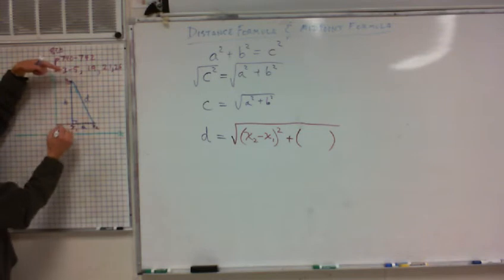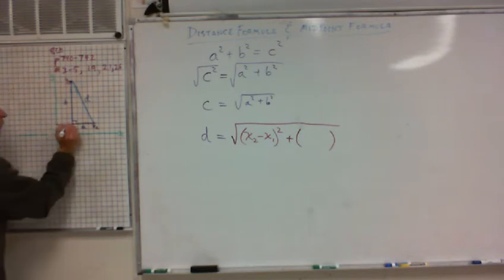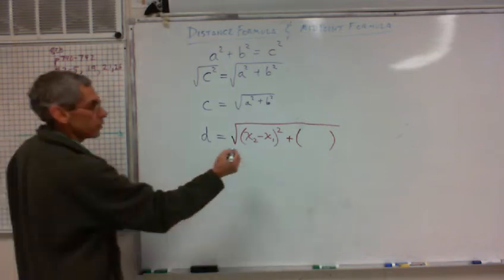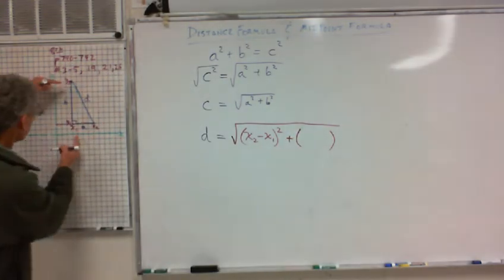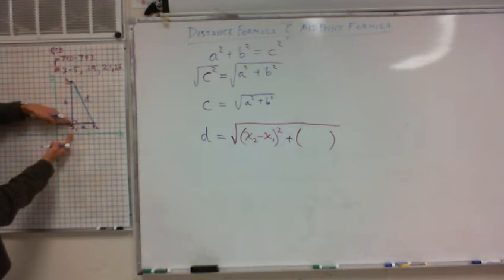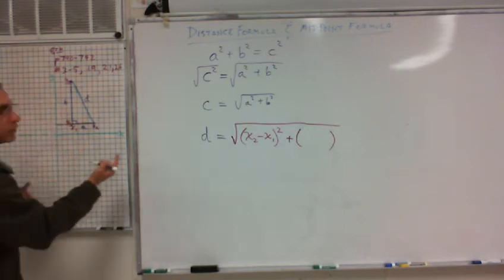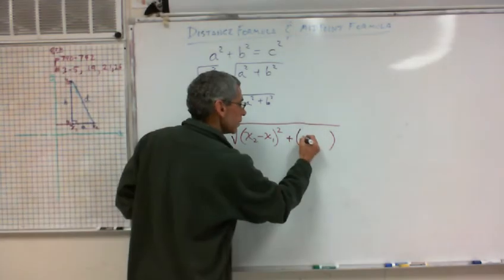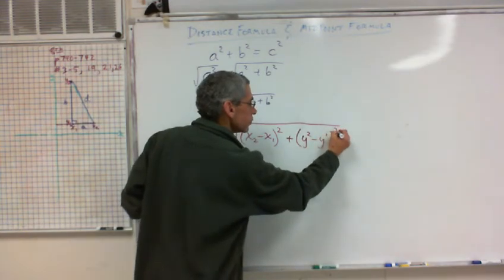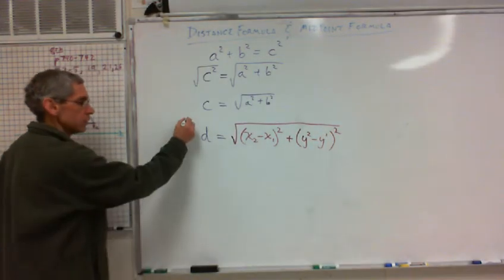That's my y1. So I don't know how to write all this. I'm kind of running out of space. But anyways, if I take this distance, that's my y2, subtract this distance, my y1, that will be my b. y2 minus y1, and then I have to square it. That is the distance formula.